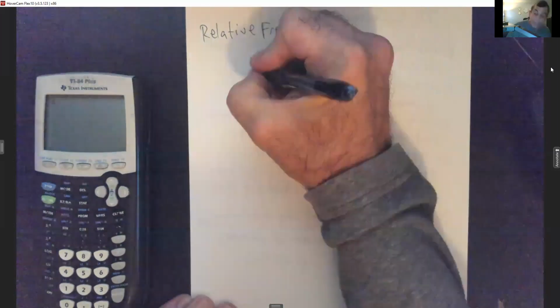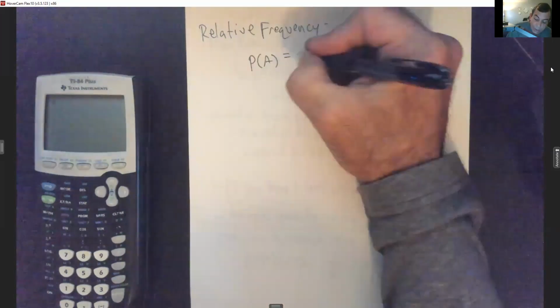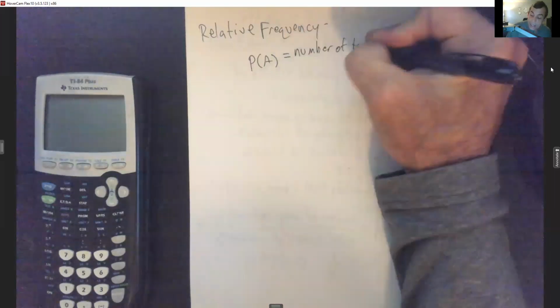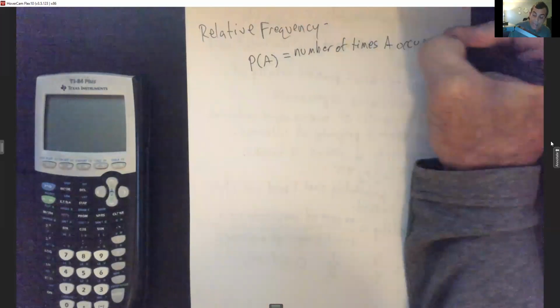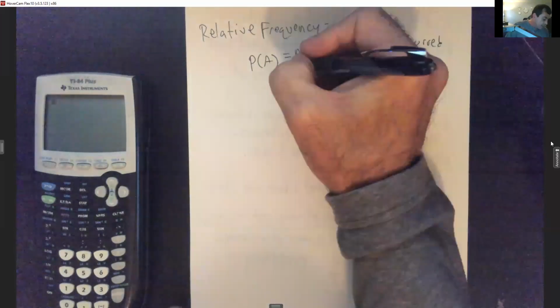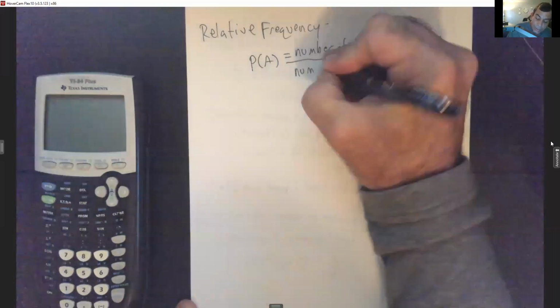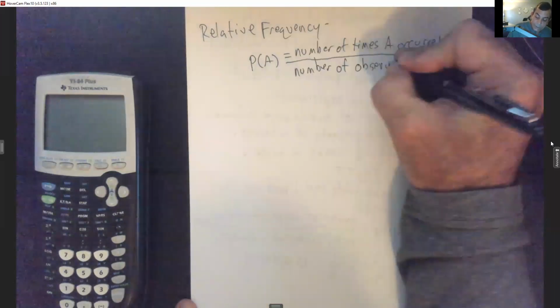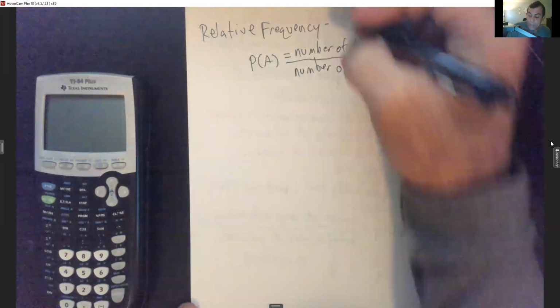So for this one, your P of A, which is your probability that this event will happen, will be the number of times A occurred divided by the total number of observations. This is often called the empirical method.